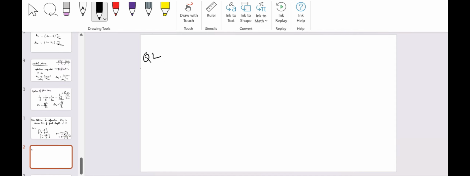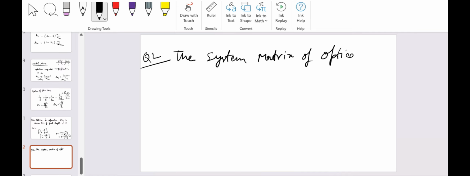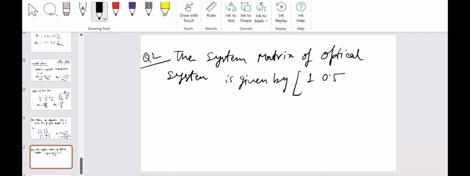The second question is: the system matrix of an optical system is given by 1.5 0 1.